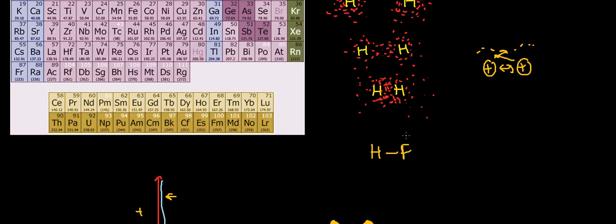Now, fluorine has a higher demand for these electrons, so it will be able to pull harder on the electron. They might share an electron, but it will spend more time over by fluorine than it will by the hydrogen.